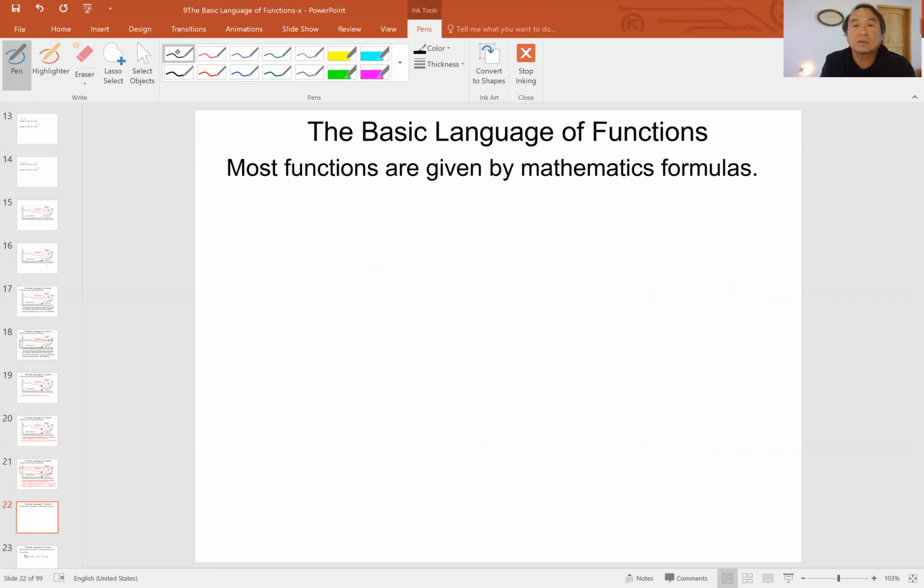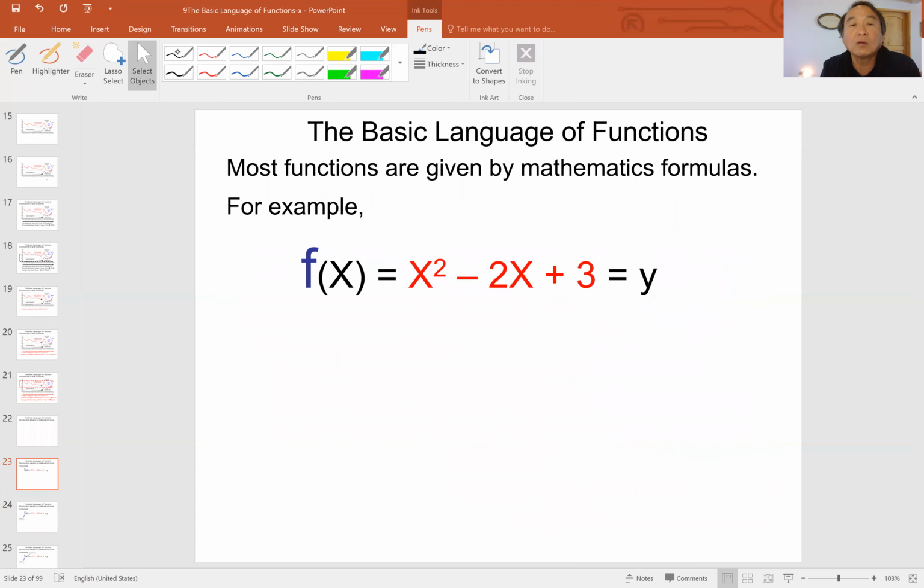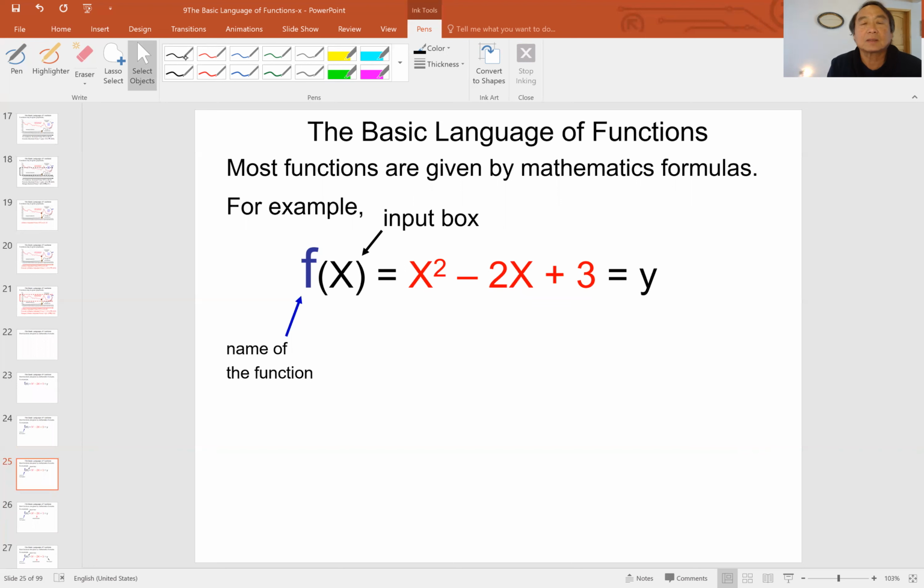For us, all the functions we're going to have, the mathematical functions, are defined by some kind of formula. Most of the functions look like these. These are 2nd degree functions, polynomial functions. f is the name of the function, and x is actually a separate component.